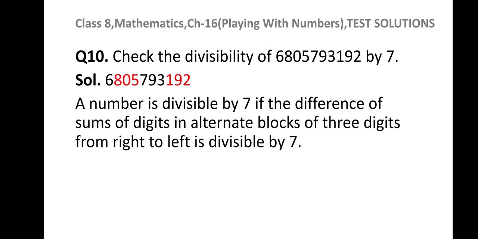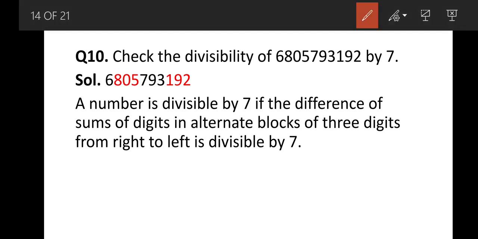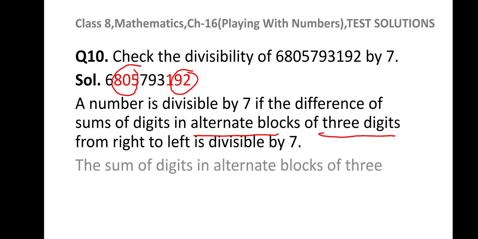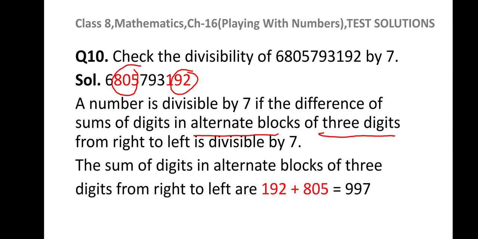What do I need to do? I need to take the sum of the digits in alternate blocks of 3 digits. I have taken here 3 digits, 192, then I have taken 805, and I will be adding them, and then the digits in black will be added together, and then I need to take their difference. See how we will be doing it. The sum of the digits in alternate blocks of 3 digits from right to left is 192 plus 805, which will be 997.